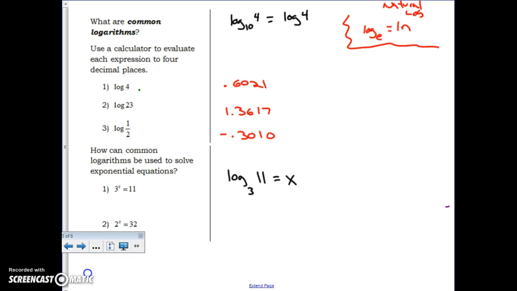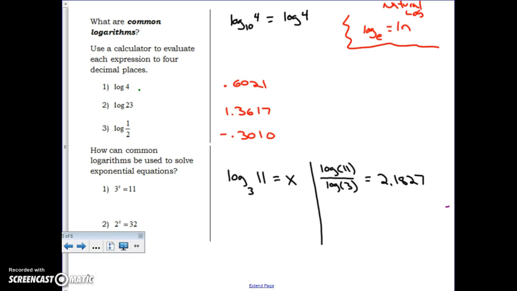On our calculator, we would say log 11 divided by log 3. We hit enter and get about 2.1827.